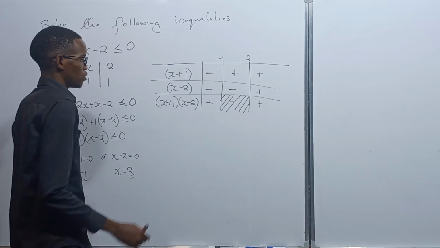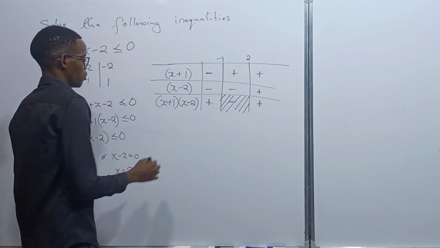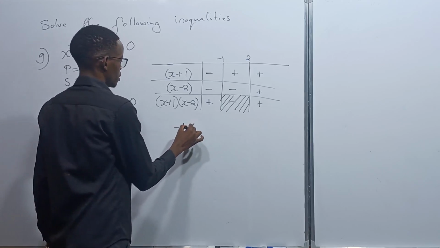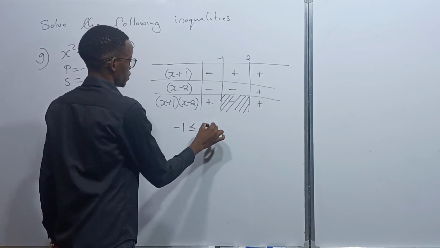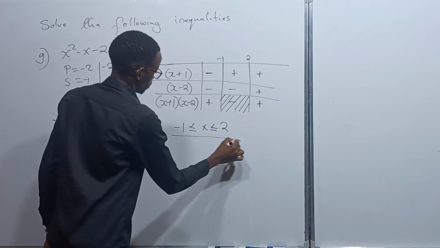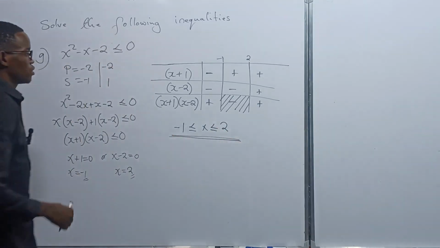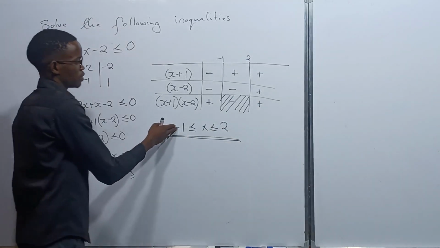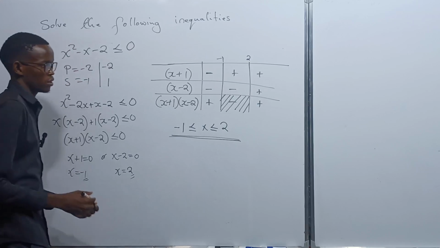So our answer in interval notation is -1 less than or equal to x, less than or equal to 2. This inequality is only true for the values between -1 and 2.